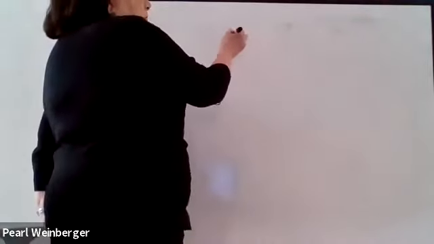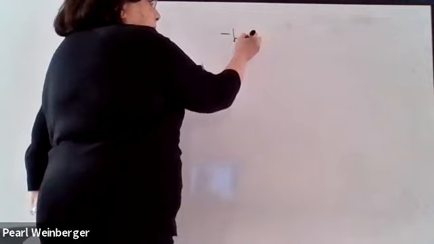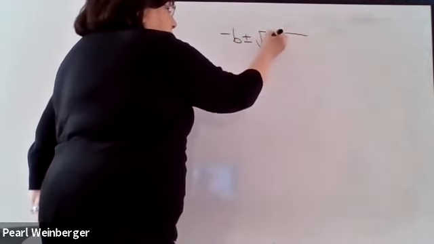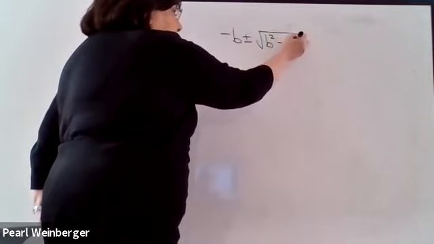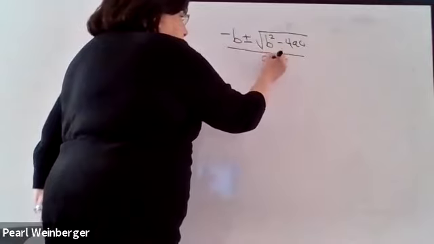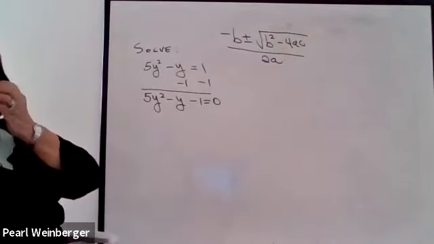Let's just write the quadratic formula over here. It's negative b plus or minus the square root of b squared minus 4ac, that whole thing over 2a. This is an extremely important formula. You must know it by heart.